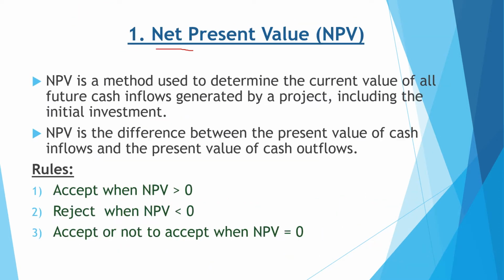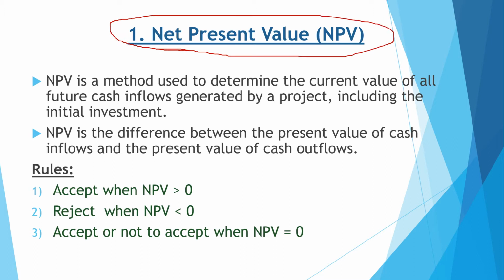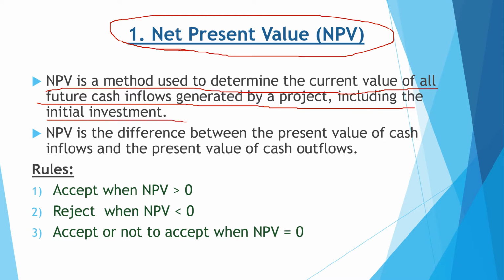The very first method of capital budgeting, I mean modern method, is NPV, net present value. NPV is a method used to determine the current value of all future cash flows generated by a project, including the initial investment. Suppose we purchased machinery for $10,000. This is the initial investment.